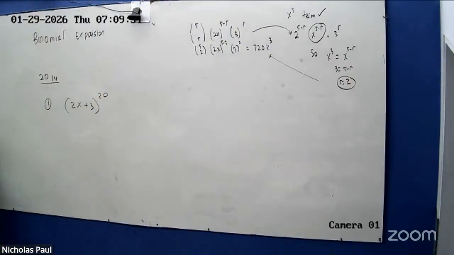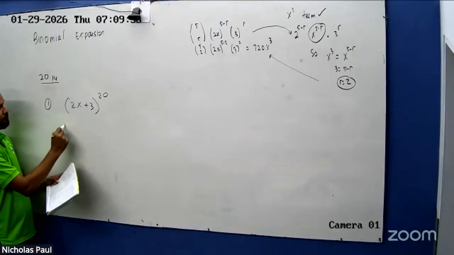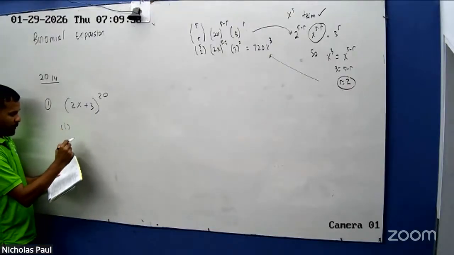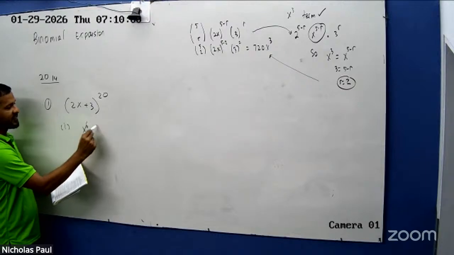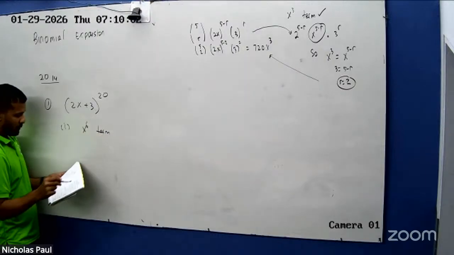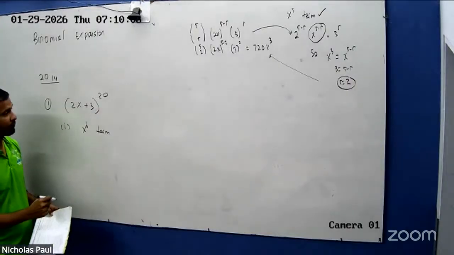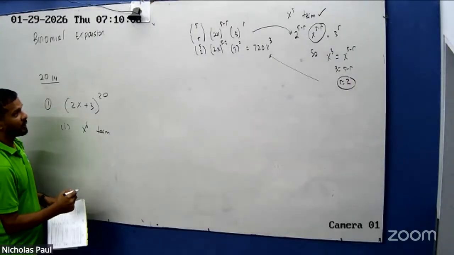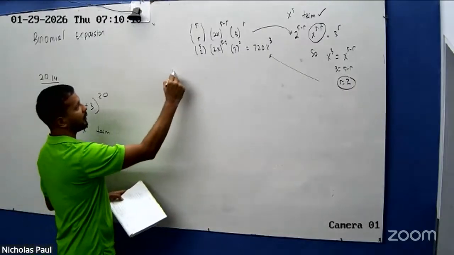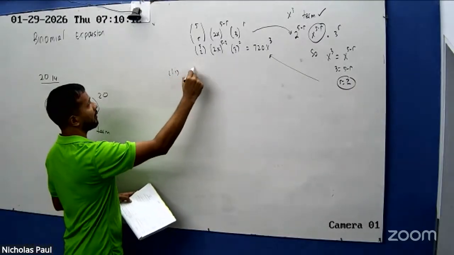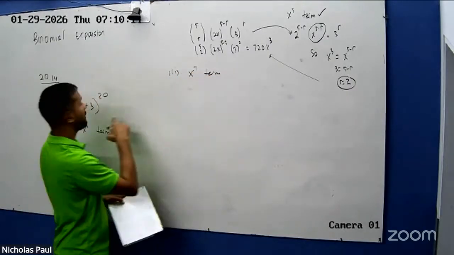So I want to get part one. I want to get the x^6 term. They want the x^7 term too, but I just want the x^6 term. Actually, let's do both. It's an easy one.